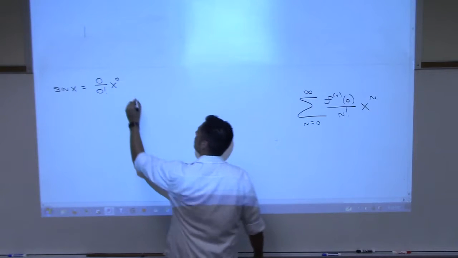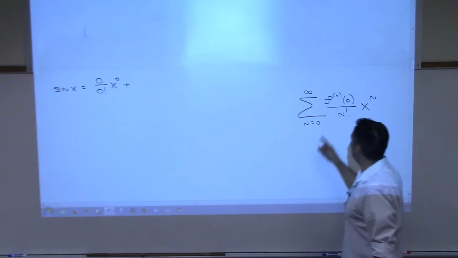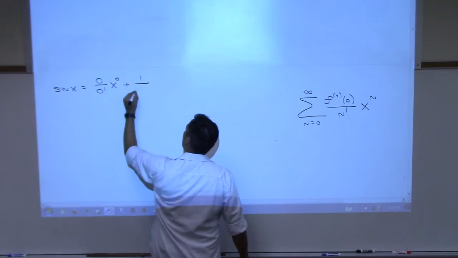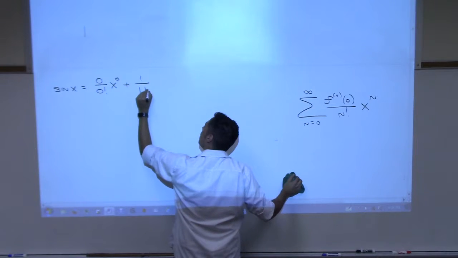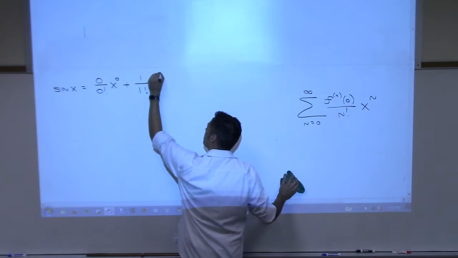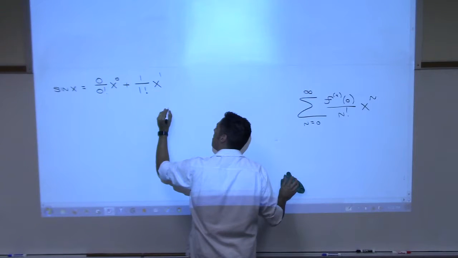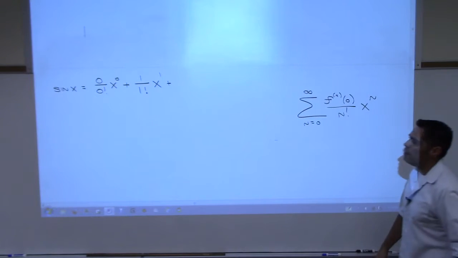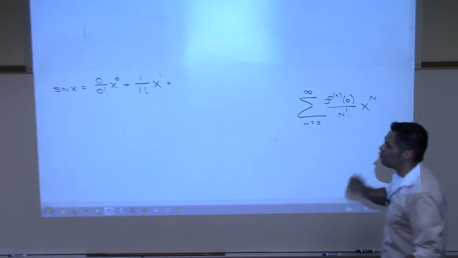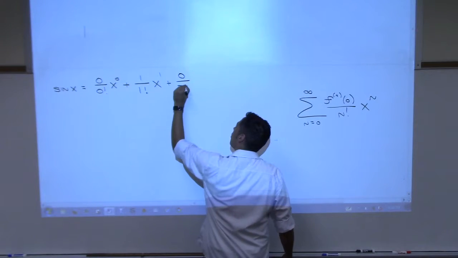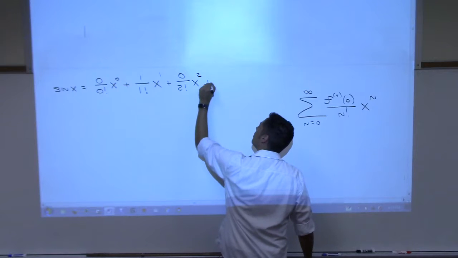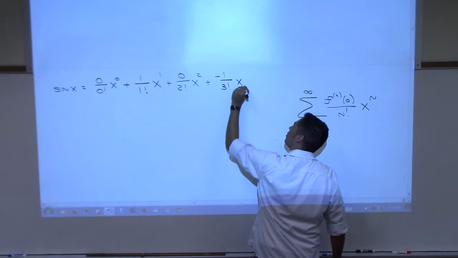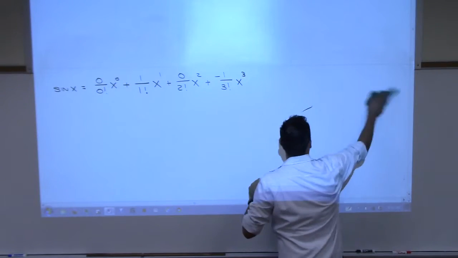This was more Taylor, but plugging in 0, we get that. Then plug in 1. What was the second number in our list? Was it 1? Okay, so 1 over 1 factorial x to the first power. Plus, what was the third number in our list? 0. So 0 over 2 factorial x squared plus negative 1, good, over 3 factorial x cubed.